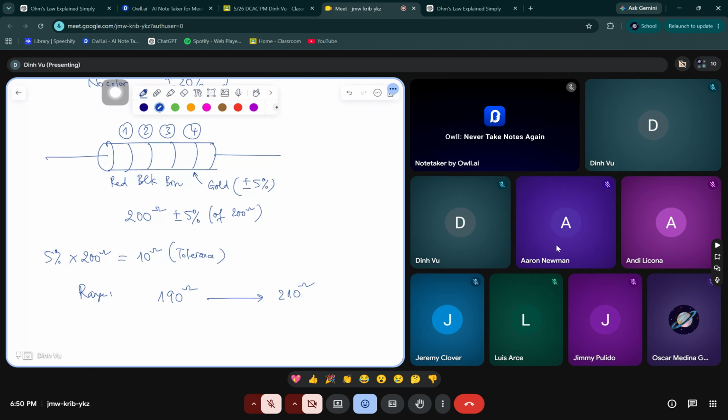Is it right? This middle point is 200 ohms. This is the nominal value. But the variation, the fluctuation here, is plus 10 ohms or minus 10 ohms.